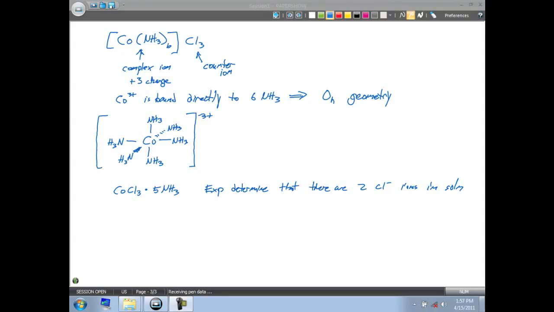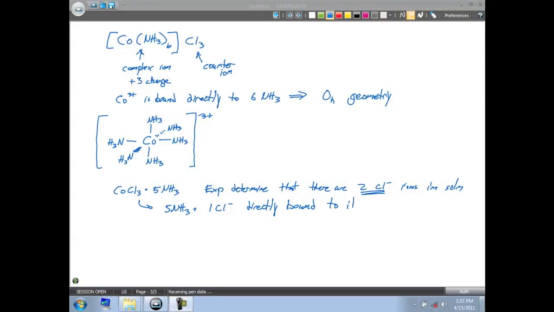So what this tells us about the geometry here is that if there are 2 Cl minus ions in solution, and we have a total of 8 various ligands that could bond to the transition metal, then this cobalt right here is going to have 5 NH3s plus 1 Cl minus directly bound to it.